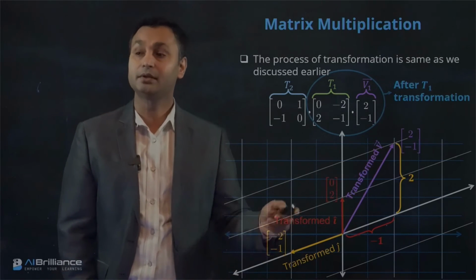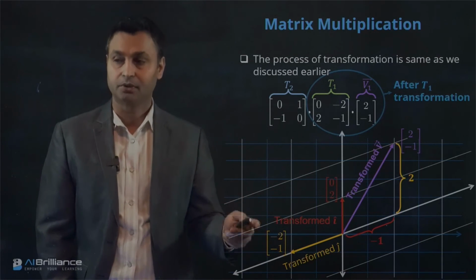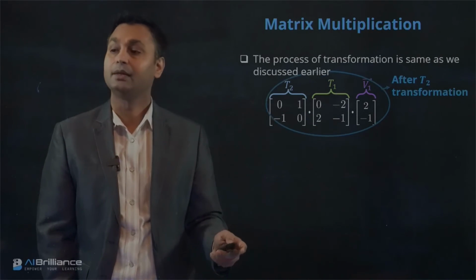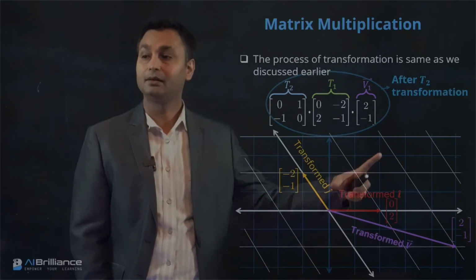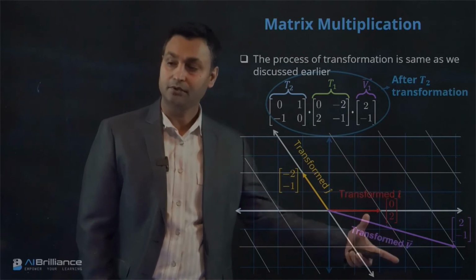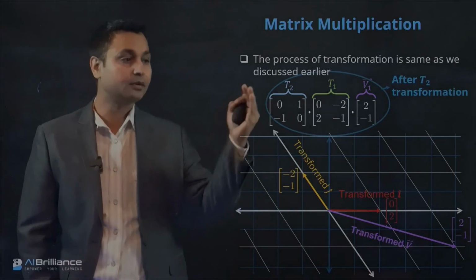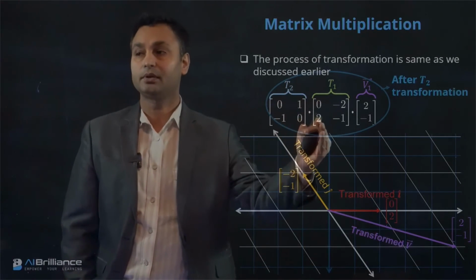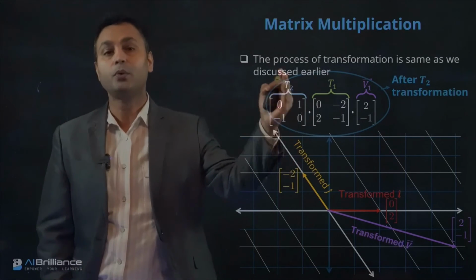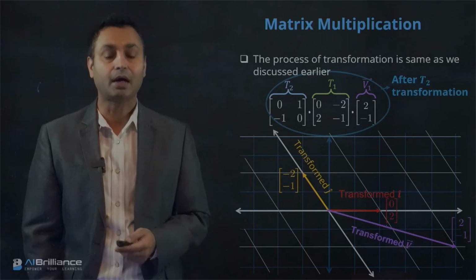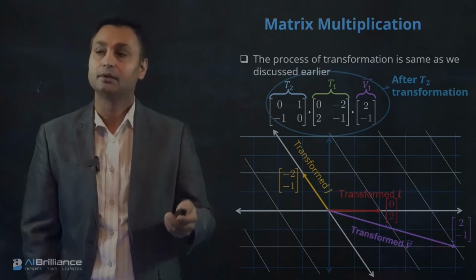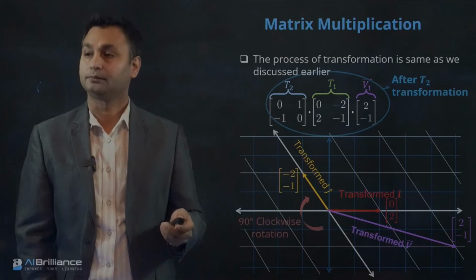Then we take the second transformation matrix and multiply that. Again the unit vectors are getting transformed, and then the vector is also getting transformed. So think about the sequential operation of different transformations, and composing these transformations is essentially the geometric meaning of how to understand matrix multiplication in general.